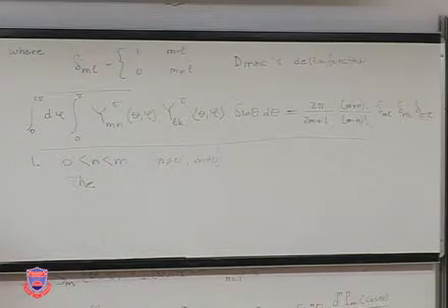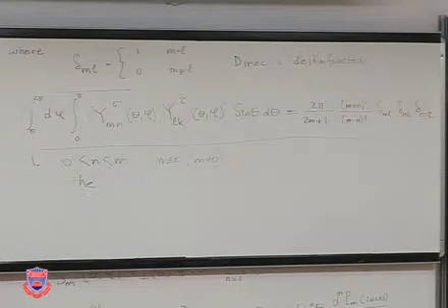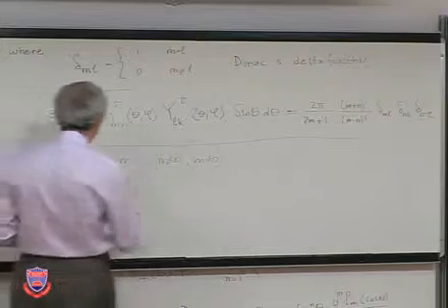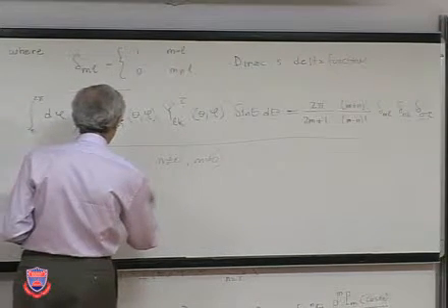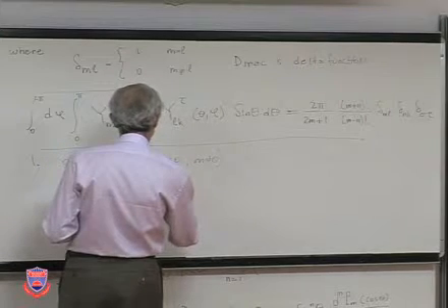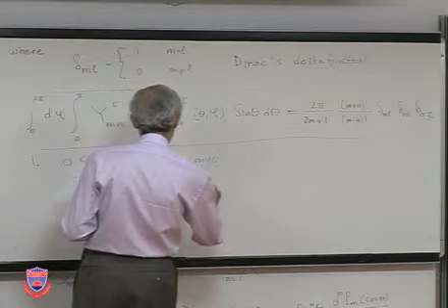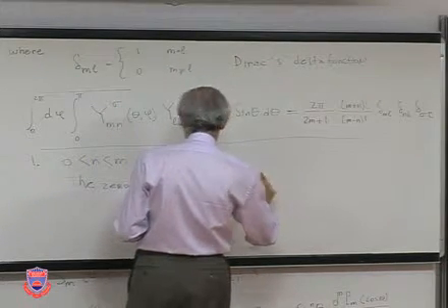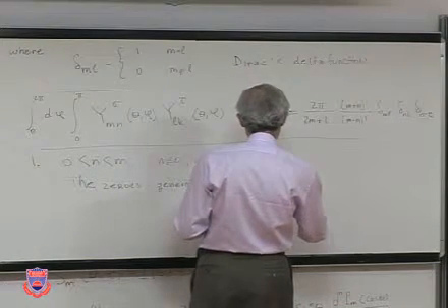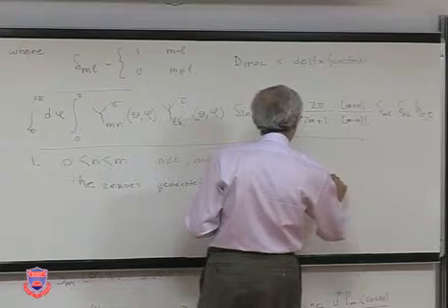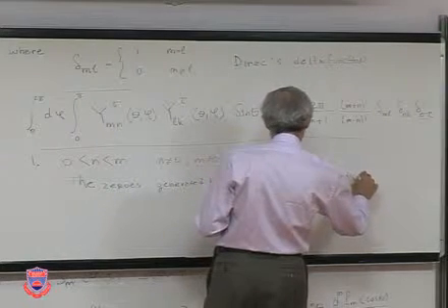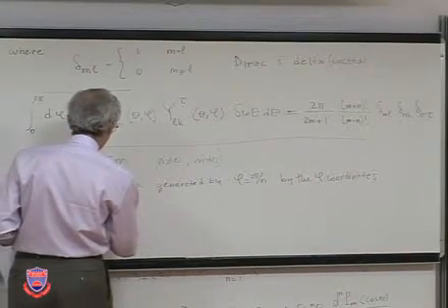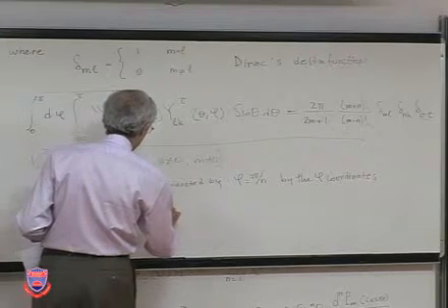okay, let's toss this. Generated by the phi coordinates lead to n meridians.